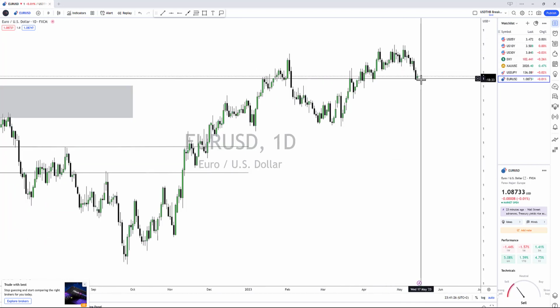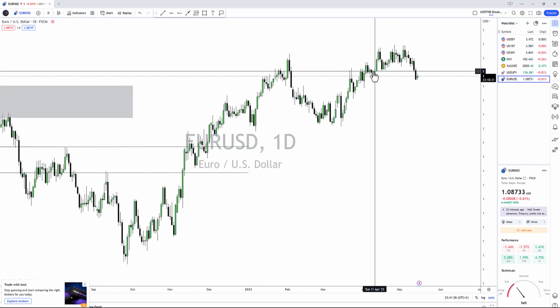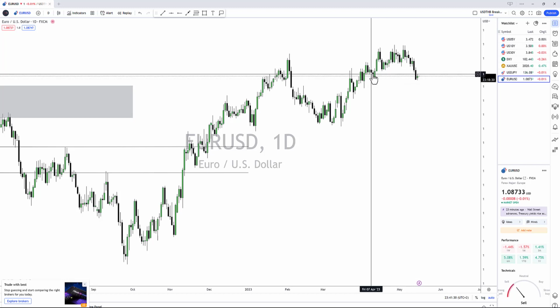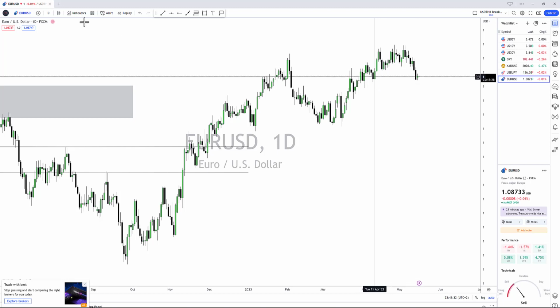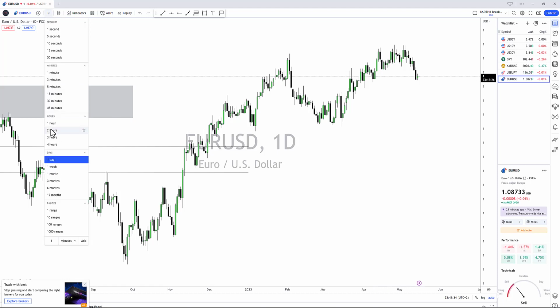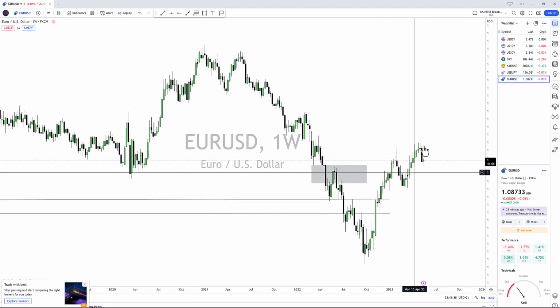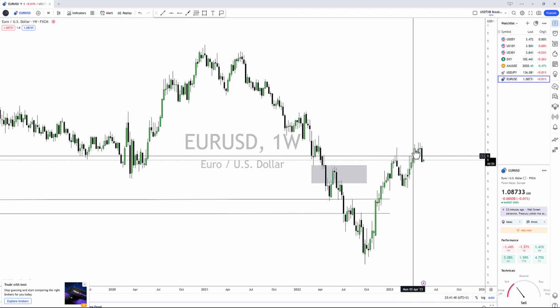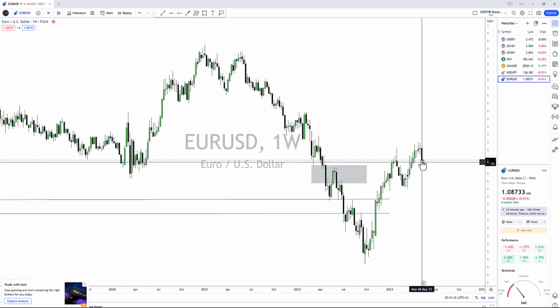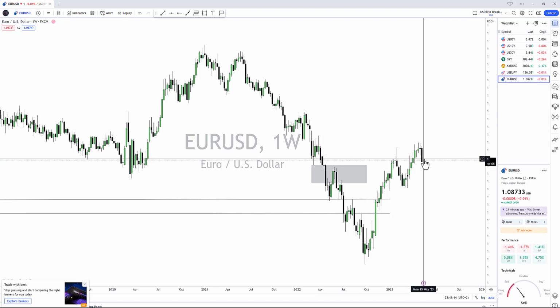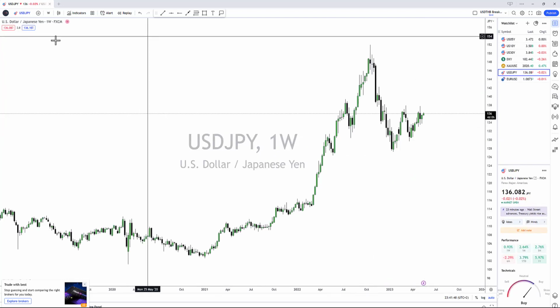You can already see this is our Euro USD, price now right inside the bullish order block on the daily time frame, and on the weekly there isn't really much in terms of institutional order flow, but this is a short squeeze. That's a trap for shorts from my own point of view.